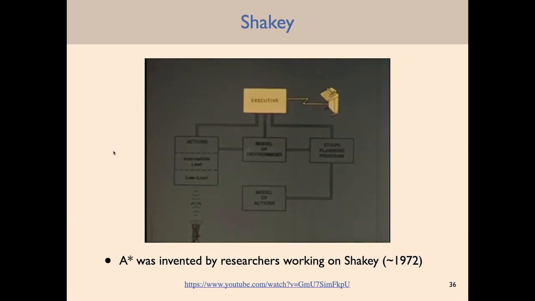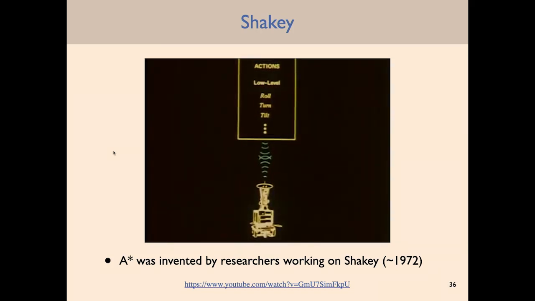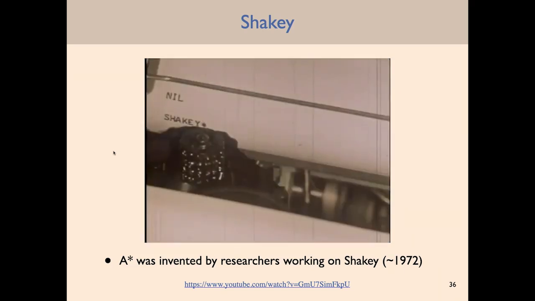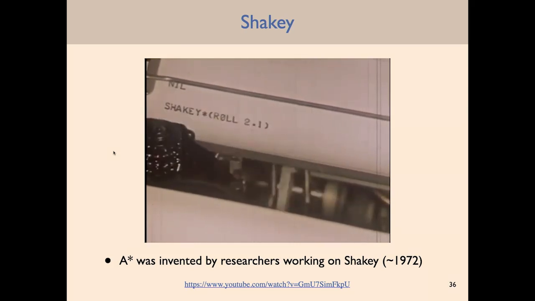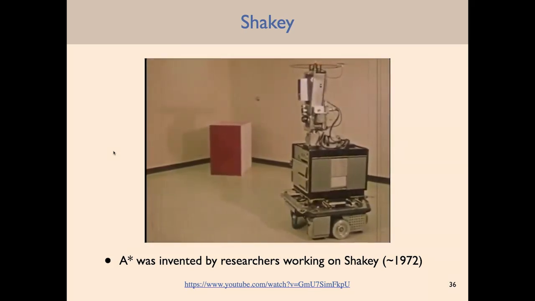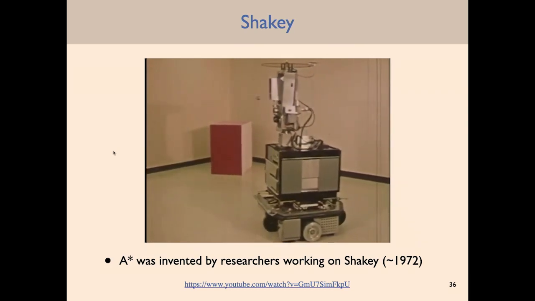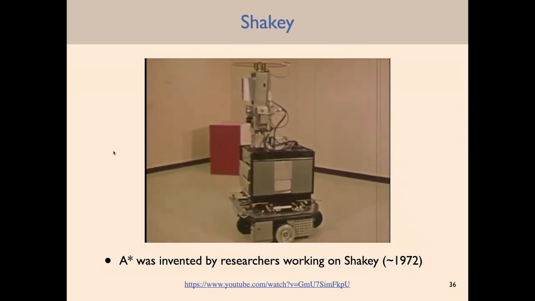An executive program handles communication between the experimenter and the robot system. Shakey's movements are directly controlled by a set of low-level action programs. These programs convert orders such as roll 2.1 feet into appropriate commands to circuits on vehicles that control Shakey's motor.